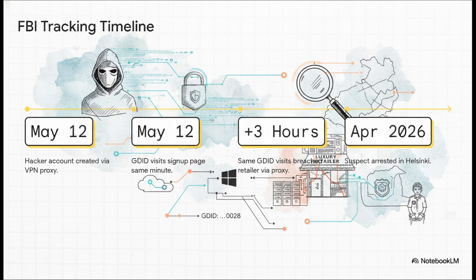But at that exact same minute, Microsoft server logs showed that a Windows device carrying a specific GDID ending in 0028 visited that same sign-up page. 3 hours later, that exact same GDID visited the breached luxury retailer through the same proxy address. By cross-referencing these telemetry logs, the FBI unequivocally proved that this specific device was behind the attacks, which led directly to the suspect's arrest in Helsinki.